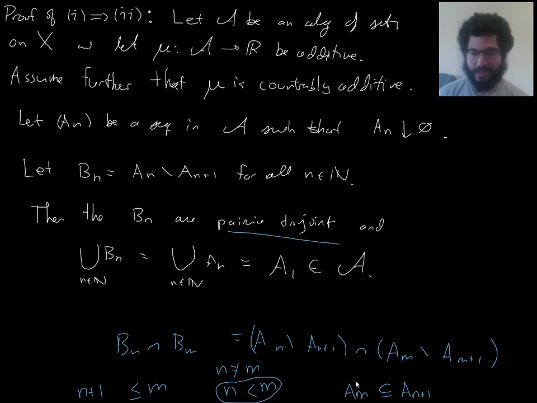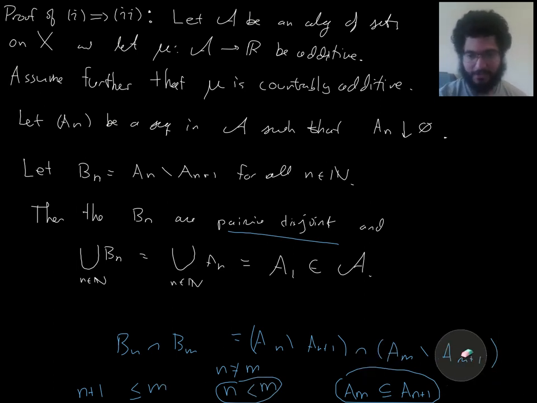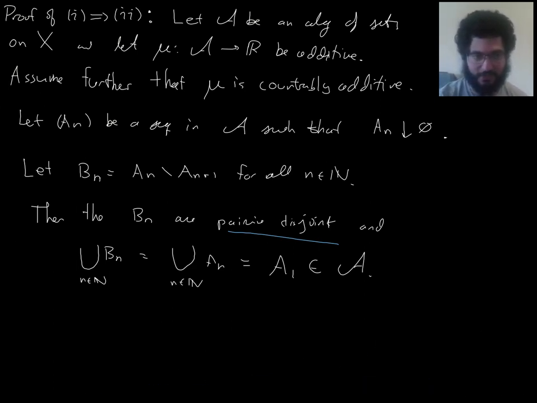But that's impossible. Every element of A sub m is an element of A sub n plus 1. So this intersection is empty. Okay, so what the picture was showing intuitively is actually true. So the B sub n's really are pairwise disjoint, and their union is this union.